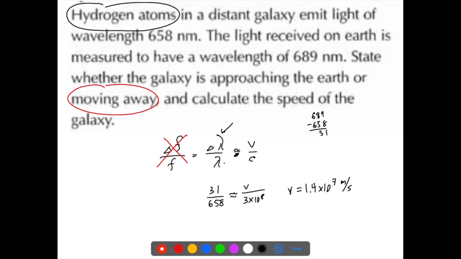Yes, that is quite fast. It's getting pretty close to the speed of light. I mean, not super close, we're still off by 1.5 orders of magnitude, but it's pretty fast that galaxy is moving away from us. And this is the reality, that galaxies that are very far away are moving away from us very quickly. If we do astrophysics, we'll talk more about that next year.